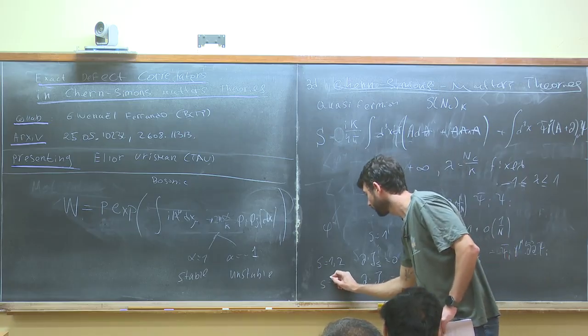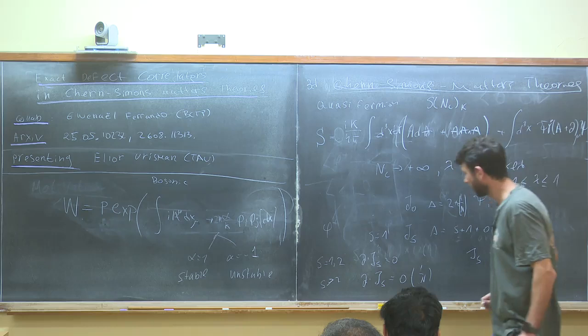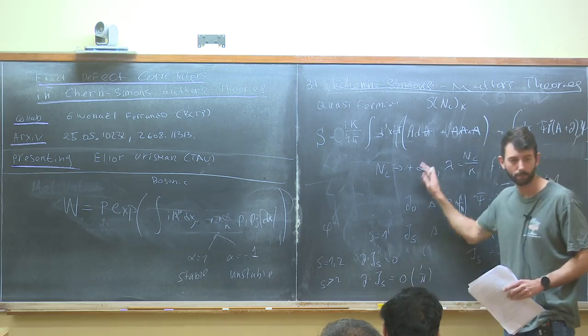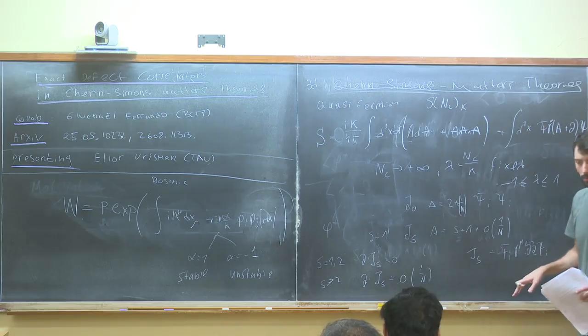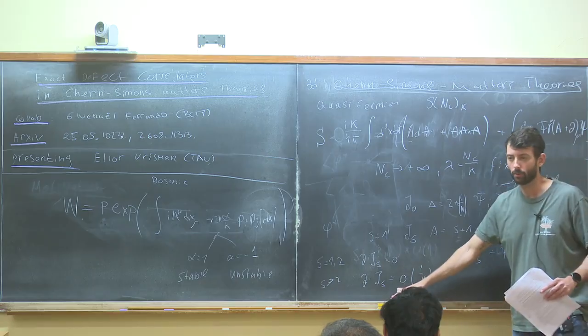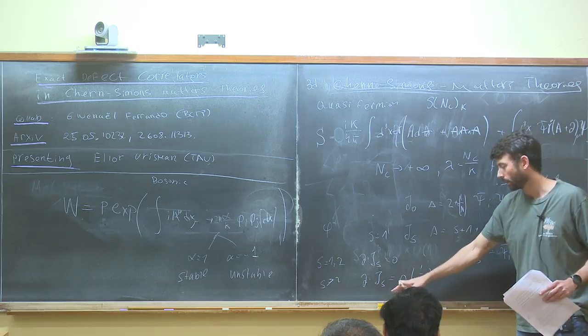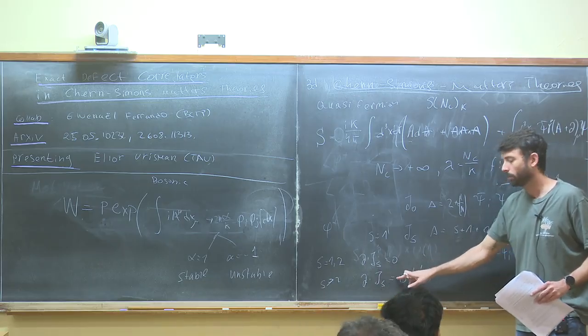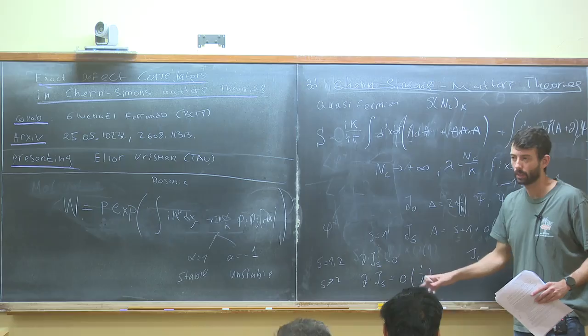So this is S bigger than 2. This is a special thing for these types of vector theories. Generically, you won't have this. If you're in N equal 4, for instance, where you have these currents, you can have them as well there. But there you will have an O(1) already.